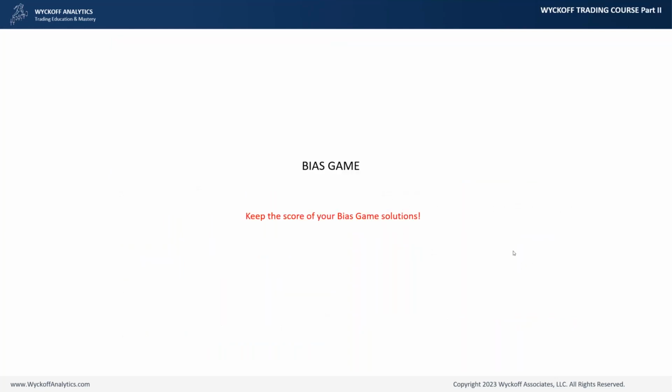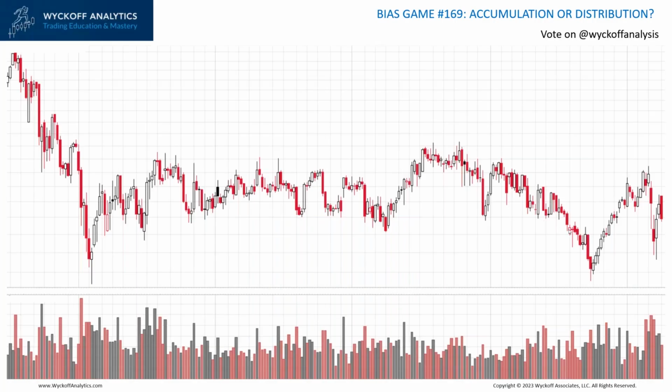We are at 5:20, so we're probably just going to go through one bias game here. Maybe we'll stay a little bit behind, like 5-10 minutes. Okay, what are your major observations here about this trading range?